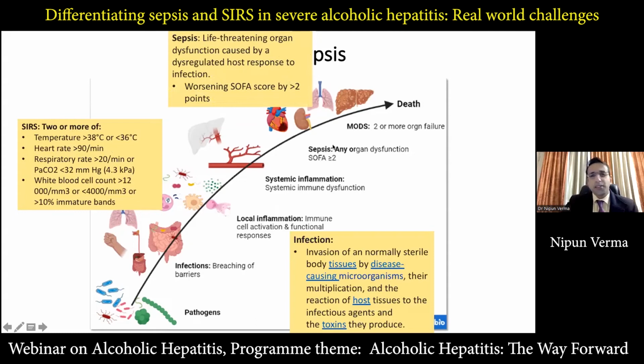Finally, this dysregulated state of inflammation can lead to immunopathological damage in different organs, which is characterized by the definition of sepsis. Sepsis is defined as dysfunction caused by the dysregulated host response to the infection.